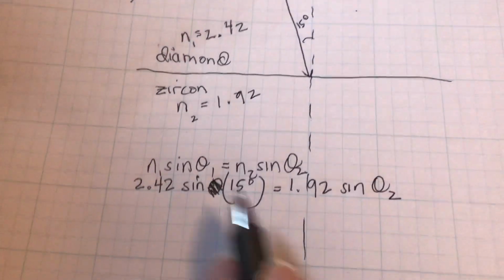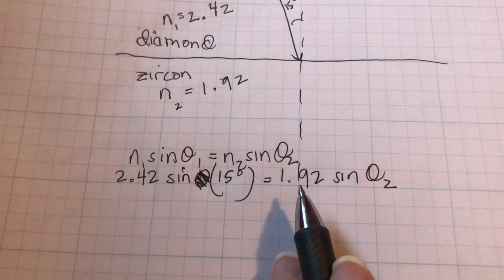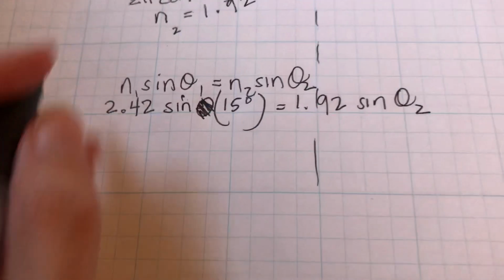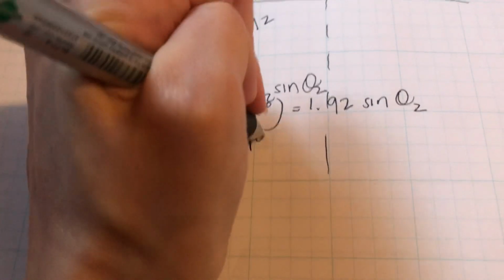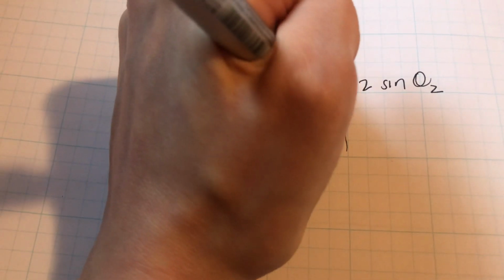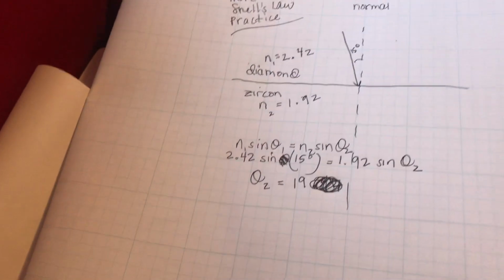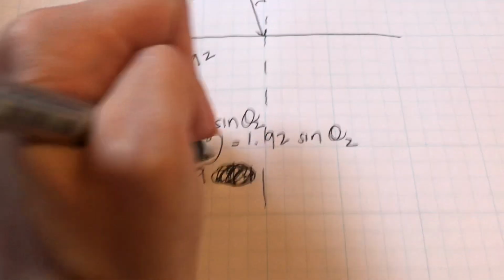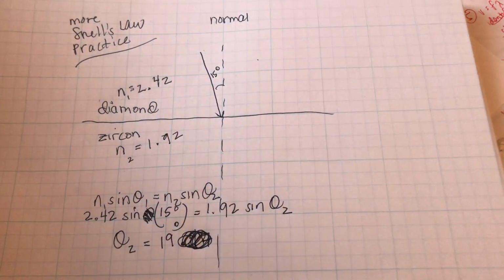The first thing I would do is sine of 15 times 2.42, divide that value by 1.92, and then take the inverse sine of that value. Hold on one second. It should just be 19. Let me double check that. Yeah, 19 degrees. Just check that in your calculator to make sure you're able to plug that in.